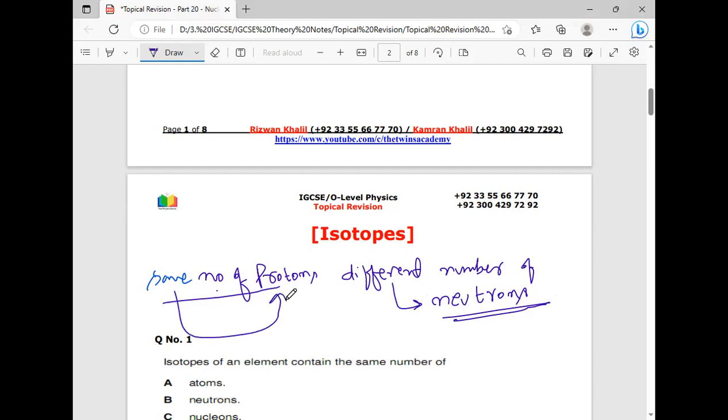So this is the basic concept of isotopes. So let's start the questions related with this concept.